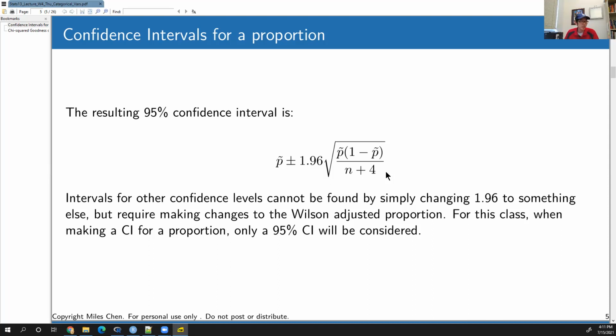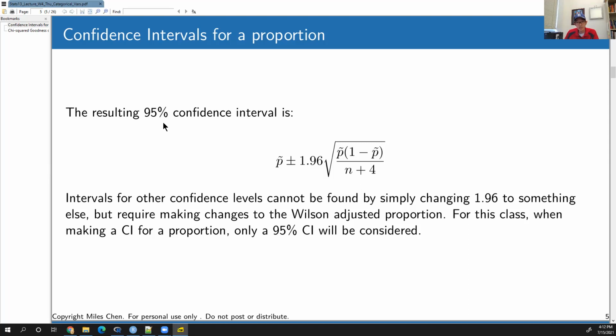To get that, you'd go plus or minus 1.96 on the z table. And then this is just the formula for the standard error: the square root of p tilde times 1 minus p tilde divided by n plus 4. That's going to be the formula for the standard error, okay?